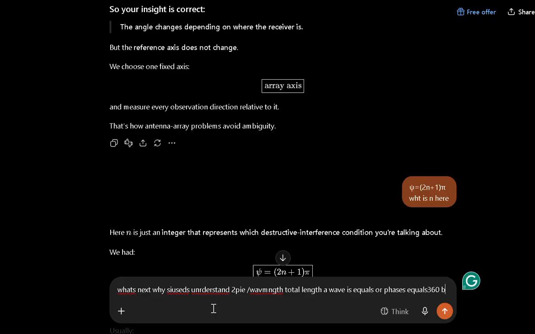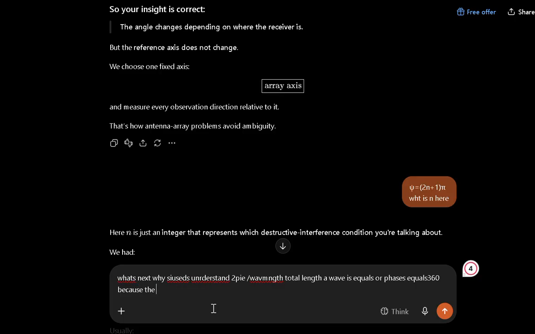The wave diagram measure is the circumference of a circle.